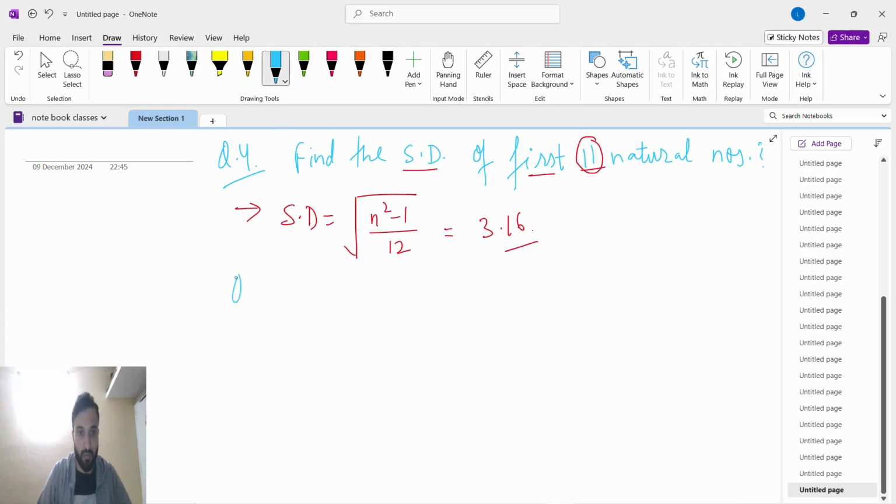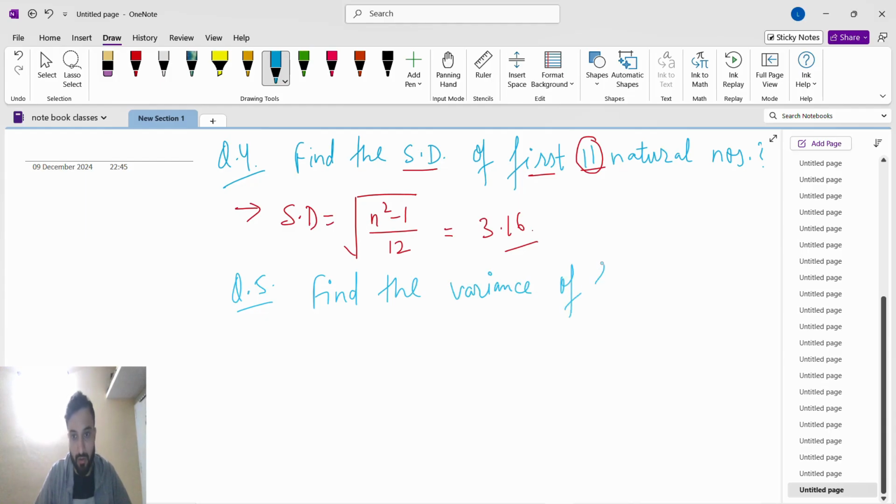Then next question number 5. Find the variance of first 20 natural numbers. Okay, fine.